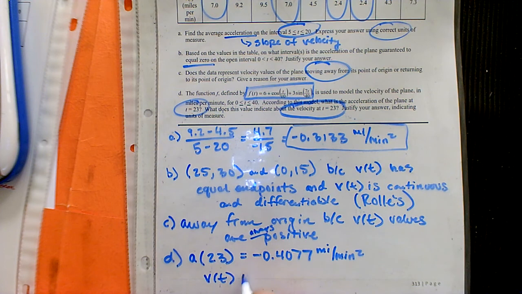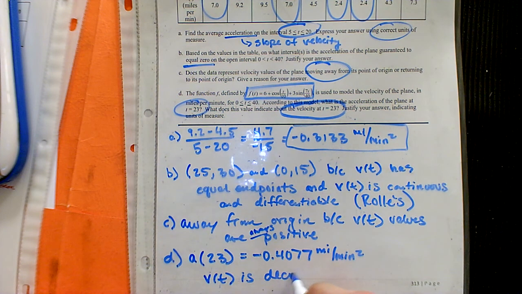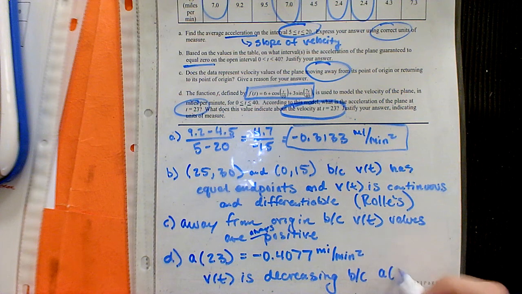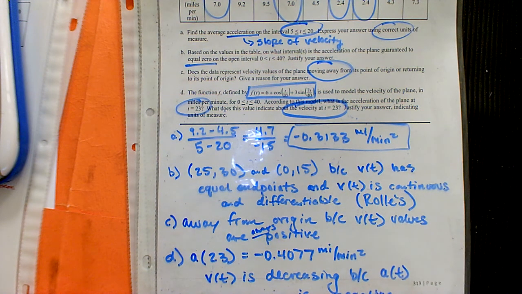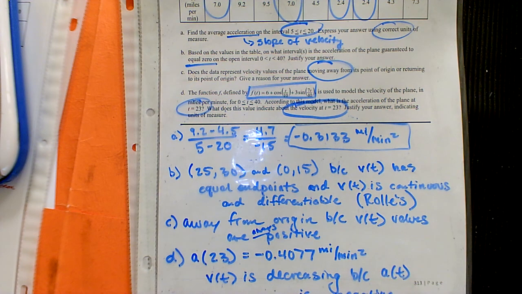So we'll say V of t is decreasing because acceleration is negative. So I guess you could say V of t is decreasing at this rate, because acceleration is negative.